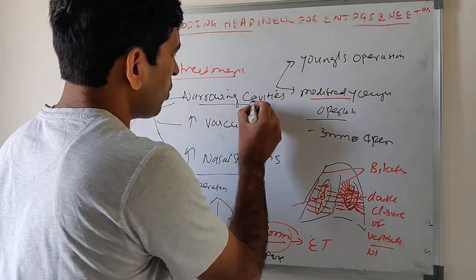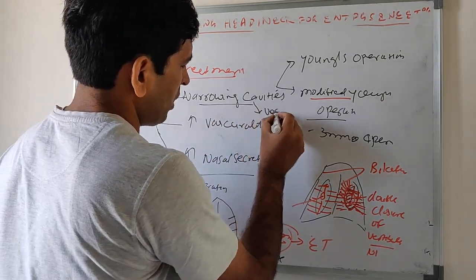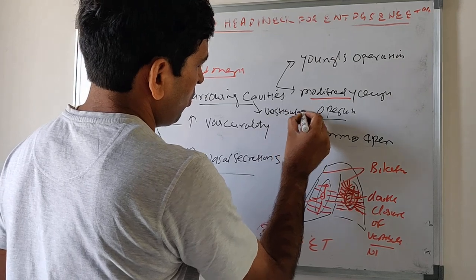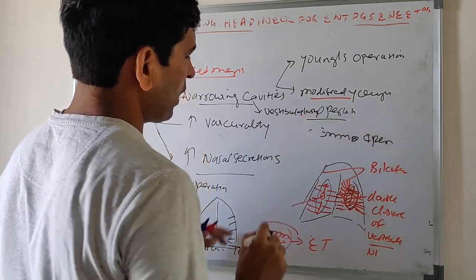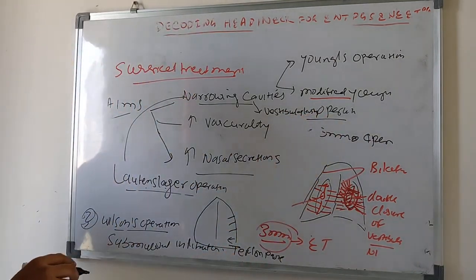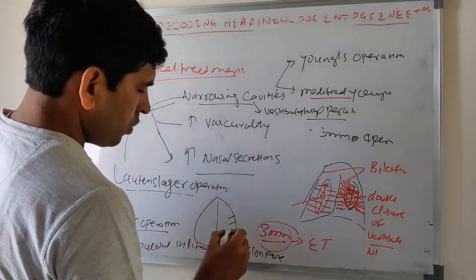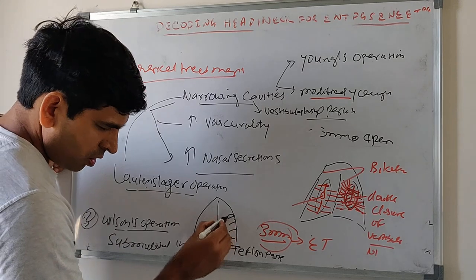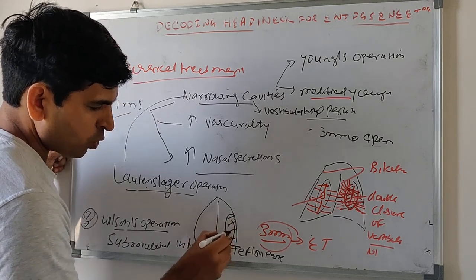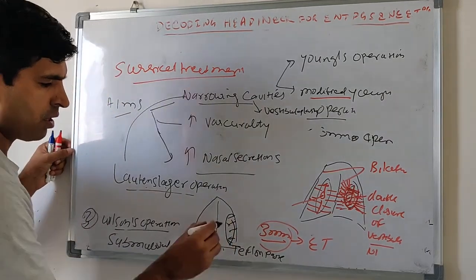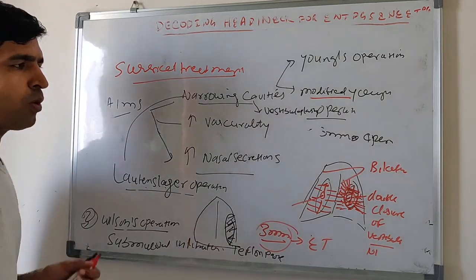Another thing you may do is vestibuloplasty for narrowing down. In vestibuloplasty, you elevate the nasal vestibule mucosa and put it on the inferior turbinate.